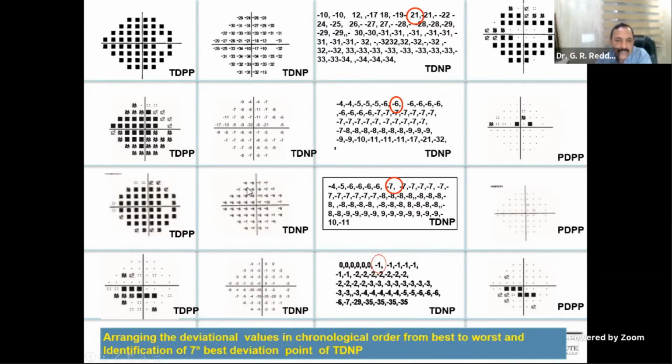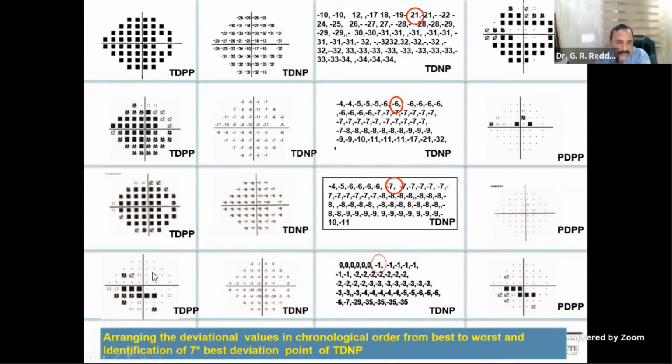Here also, there is no point better than normal, no zero, no normal point. All are deviated. Loss of retinal sensitivity points, starting with my best deviation point of -4, and the least worst deviation point is -11. And here is the normal.